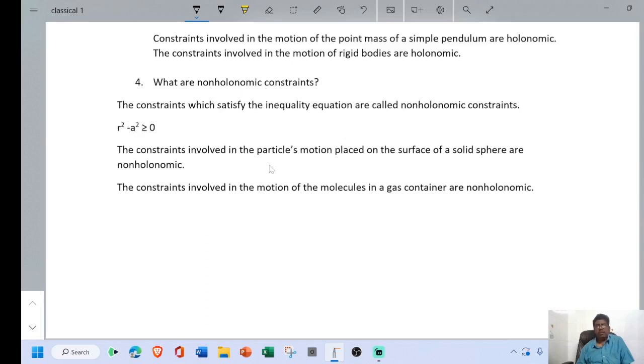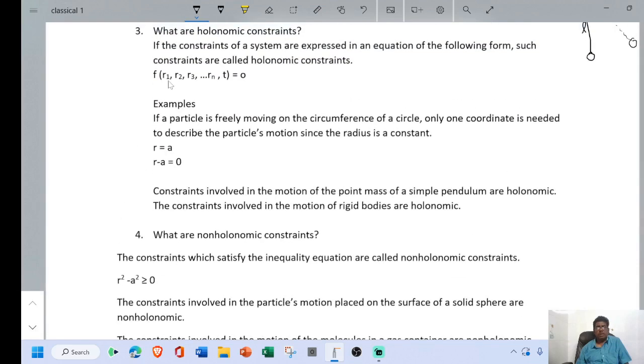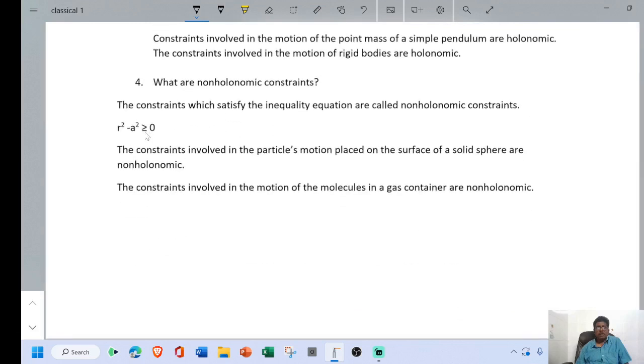The constraints involved in the particle's motion placed on the surface of a solid sphere are non-holonomic. The constraints involved in the motion of the molecules in a gas container are non-holonomic. These are all the examples of non-holonomic constraints. Suppose the constraints are expressed in an equation of this form equal to 0, such constraints are holonomic. The expression may be 0 or may not be 0. That means inequality. Such constraints are called non-holonomic.